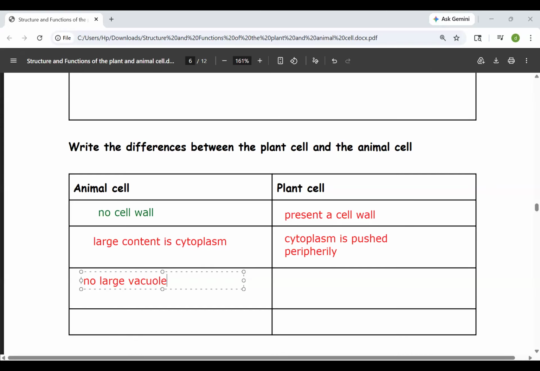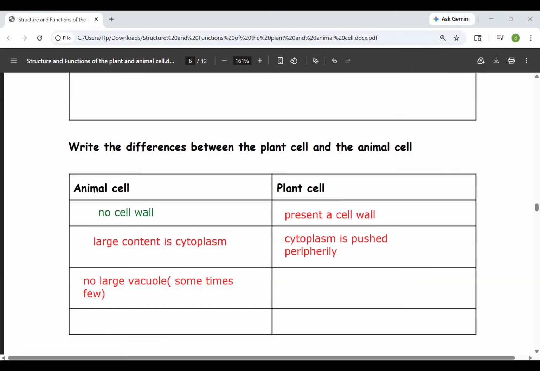No large vacuole, but they are telling sometimes few small vacuoles may be present. Inside brackets write down: sometimes few may be present. In short form, write: no large vacuole, sometimes few.